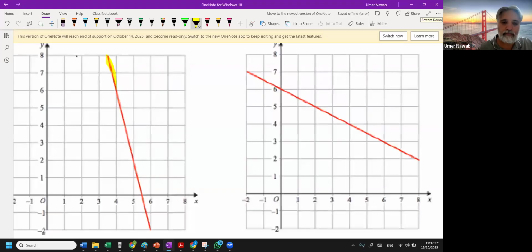This slope is also negative because it is going down. Which 2 points would you love to consider? Obviously this point and this point. First, you go 1, 2, 3, 4 units down and 1 unit to the right. So my gradient is negative 4 over 1 or simply negative 4.